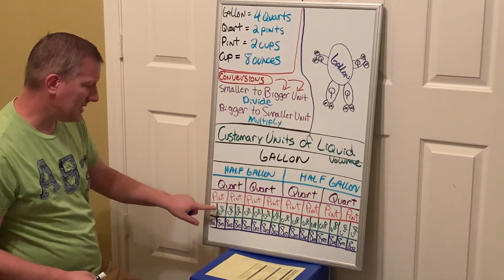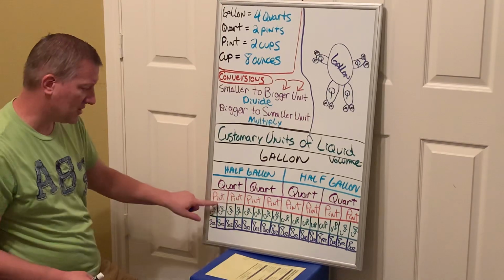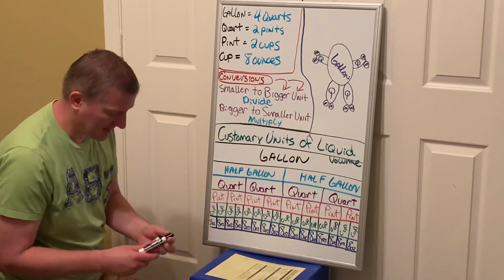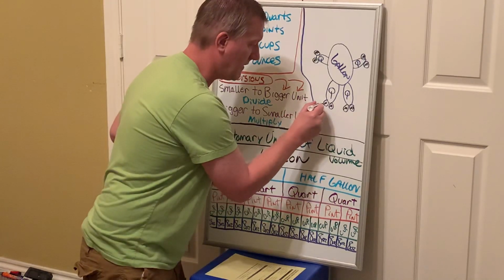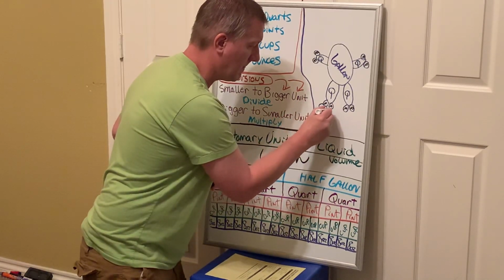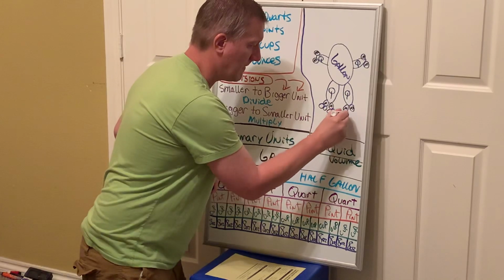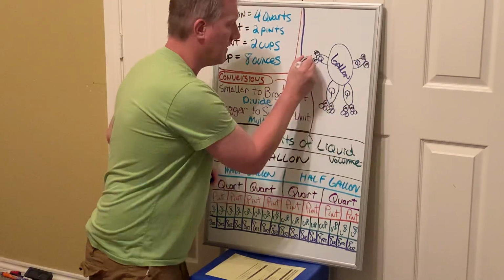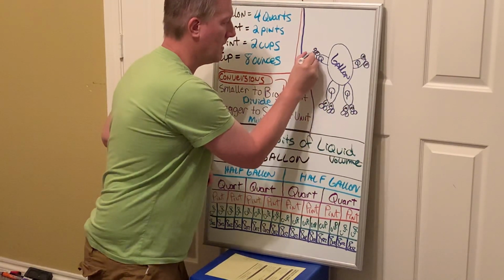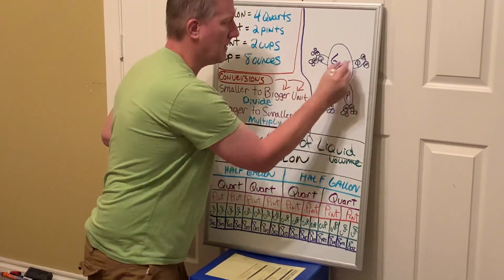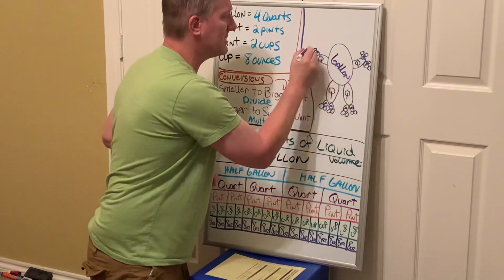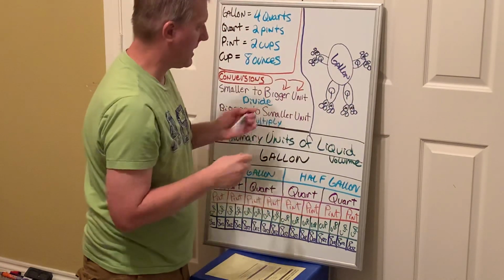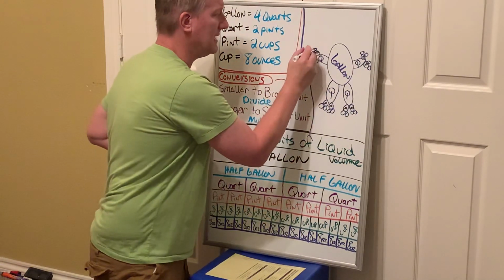The next thing is there are 2 cups in each pint. So I'm going to make two on each of those pints, and I'm going to put a C in there.